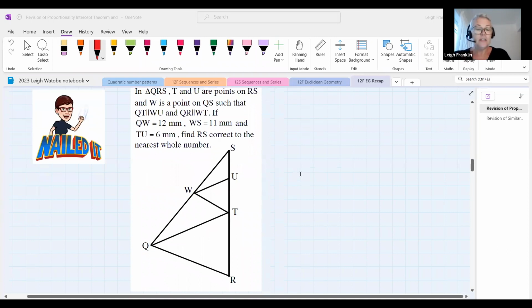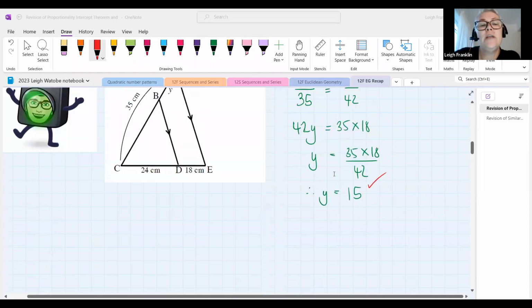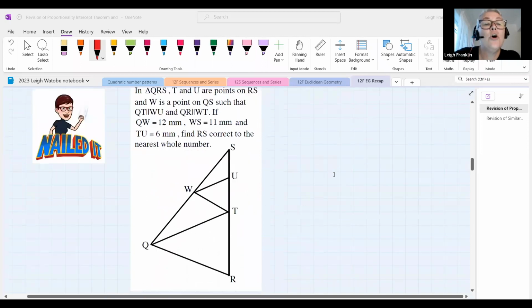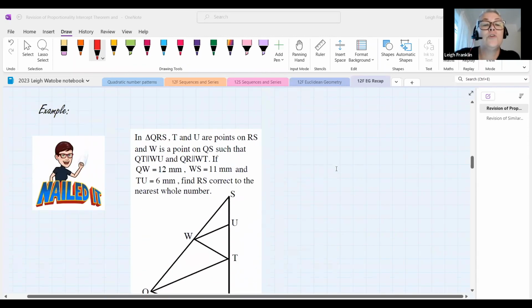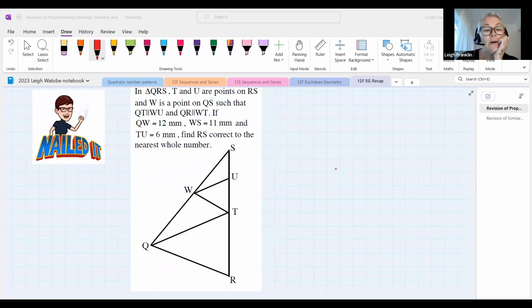Okay, so this one is a little bit more difficult because there's more than one triangle that you can work in. And that's the reality of the sorts of questions that you're going to be doing. Unfortunately, they're not all quite as simple as that. We are going to be working in more than one triangle. So let's just have a look at what this particular triangle says. It tells us in triangle QRS, which is the big one, T and U are points on RS such that QT is parallel to WU.